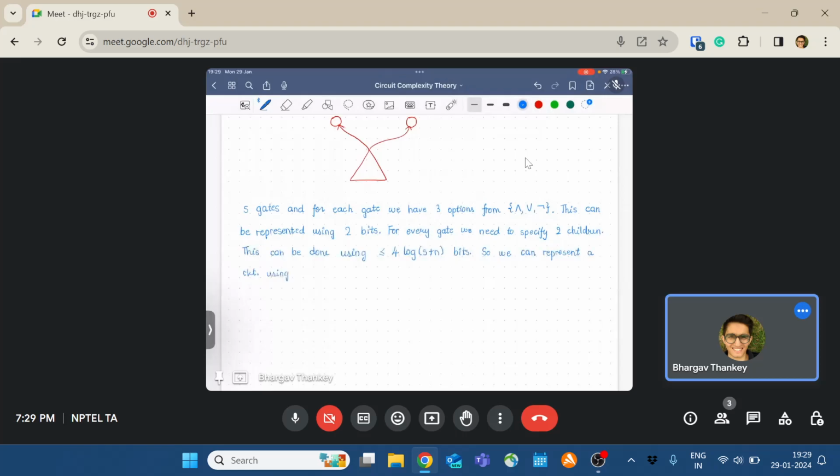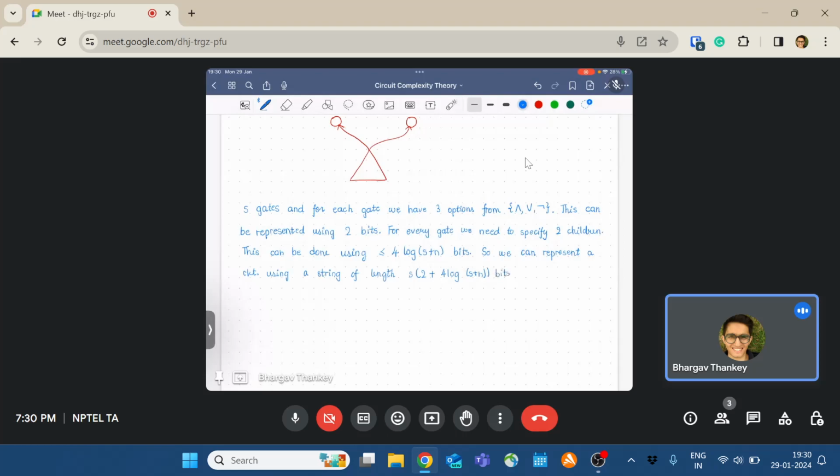as a string of length s times 2 plus 4 log of s plus n bits.